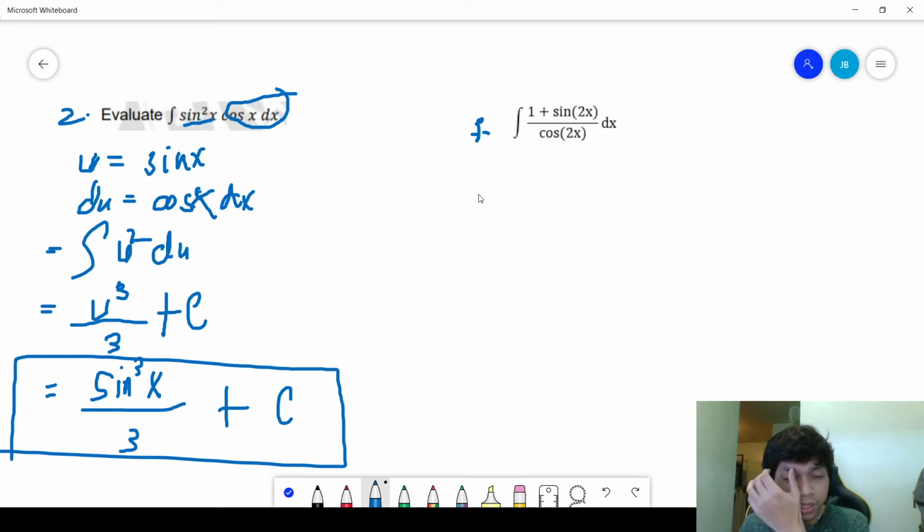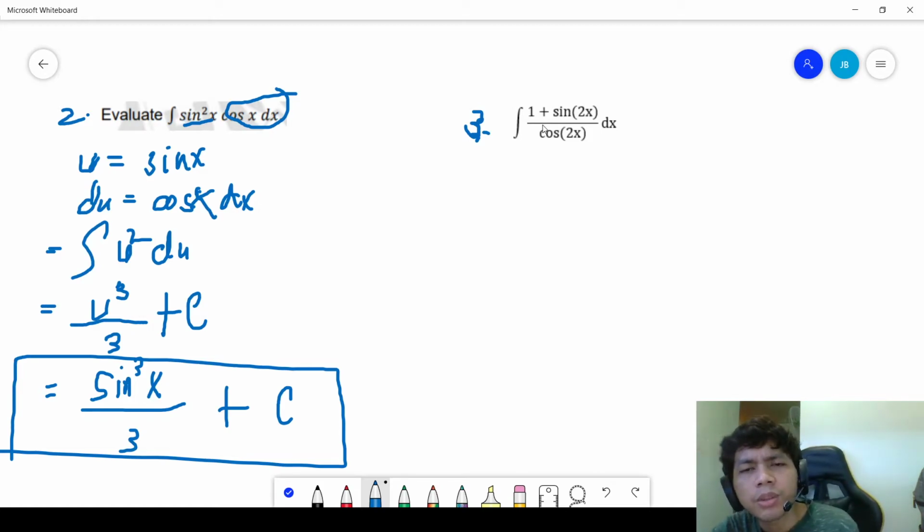All right, so integration by substitution is very important. It's universal, so you can use it everywhere: in logarithmic, in trigonometric, and in everything. So here, if we are going to let u be cosine 2x, what would happen?